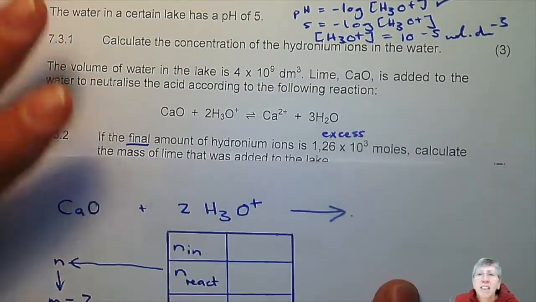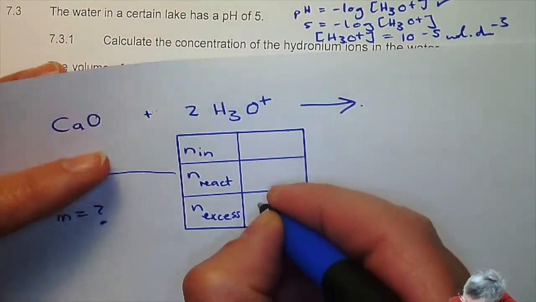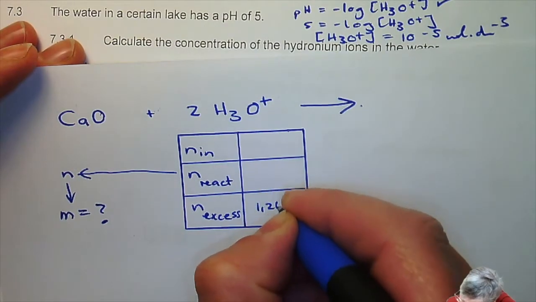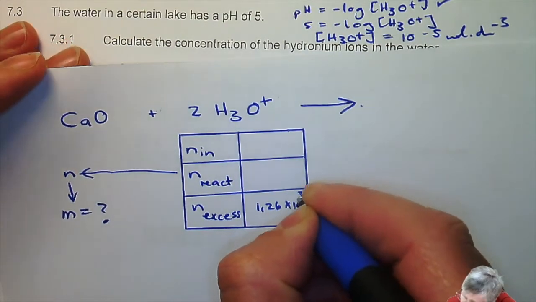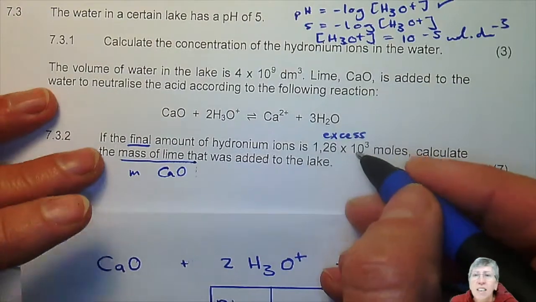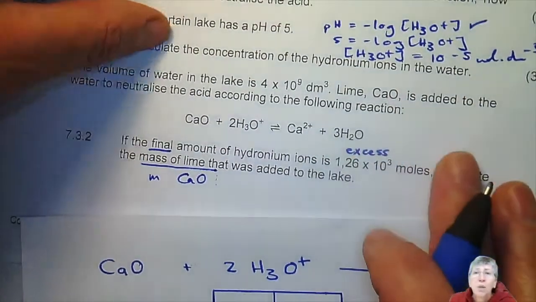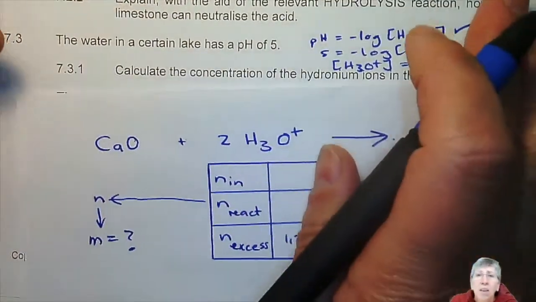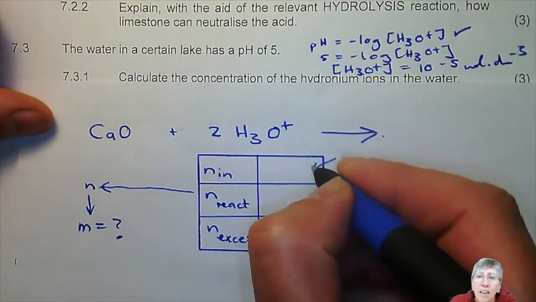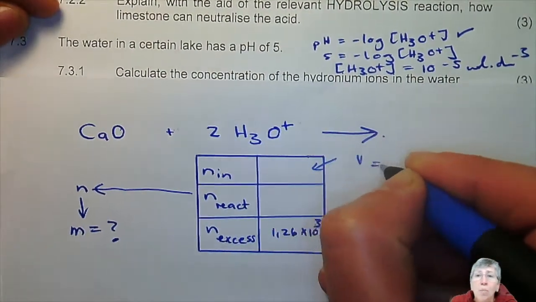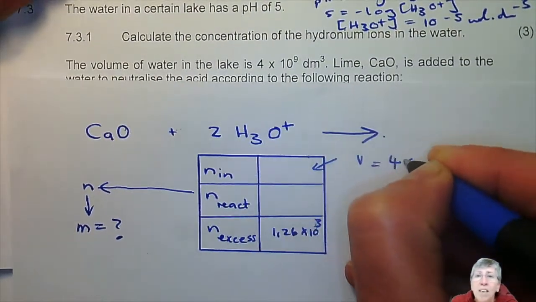Right, moving on, let's see what they gave us. They tell us the excess, right? So here the excess is 1,26 times 10 to the 3. They gave us that in the question, and now I want to know, what did I put in? Now, I put in the whole lake, right? So that was a volume of 4 times 10 to the 9.